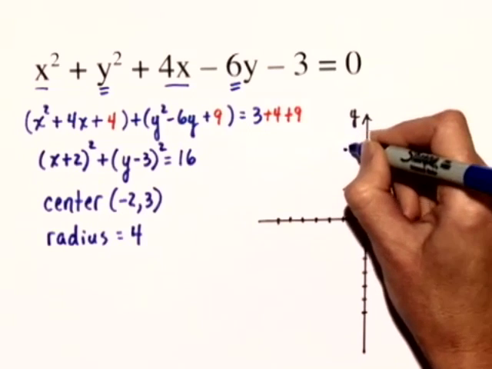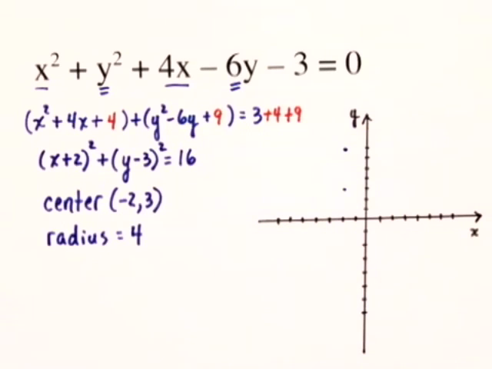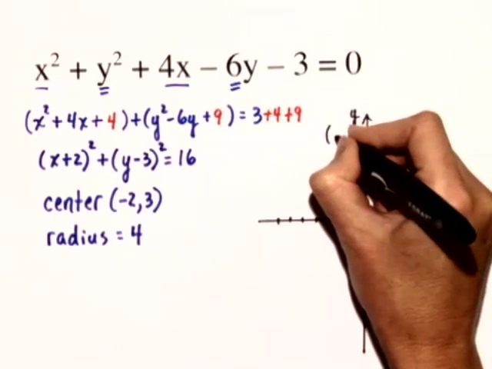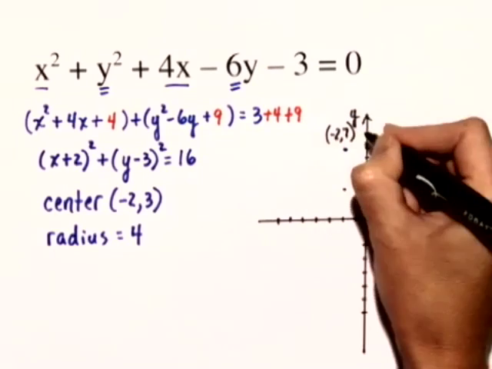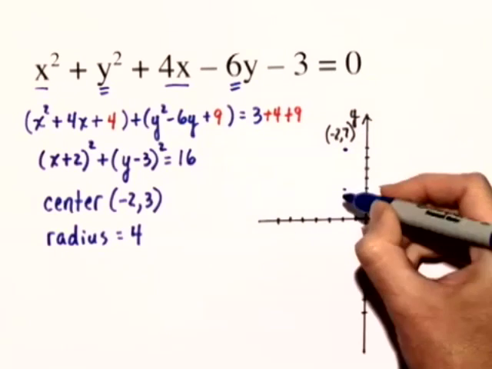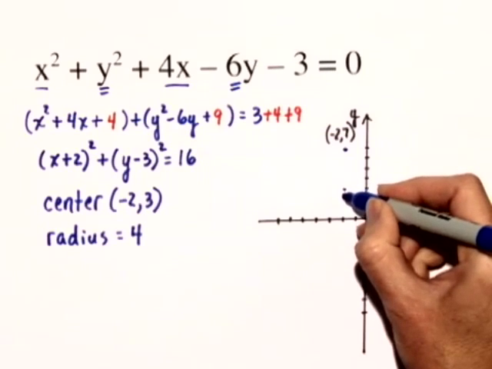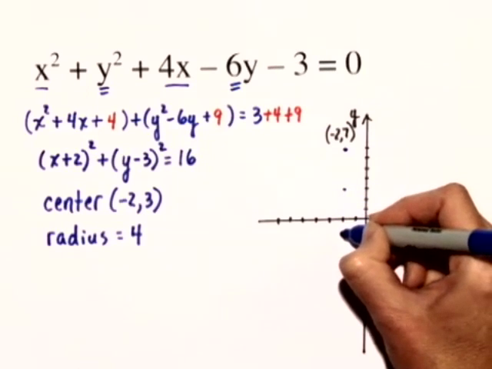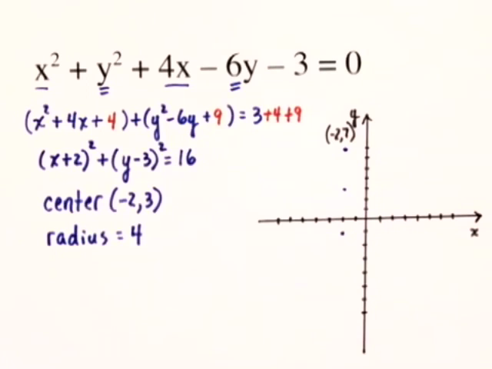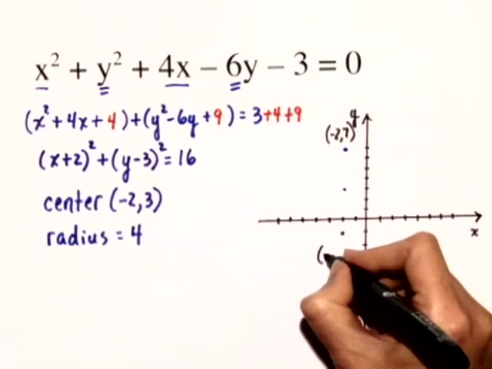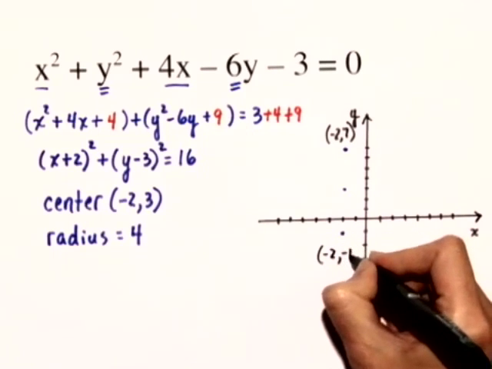That gives me the point -2, 7, and from the center, I'm also going to go down 4. That leaves me at the point -2, -1.